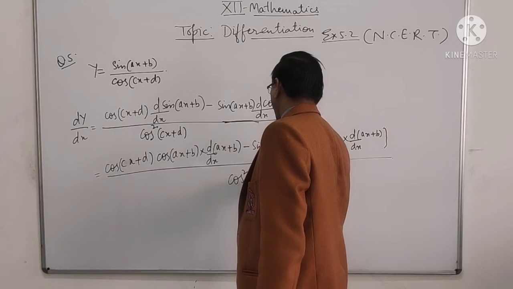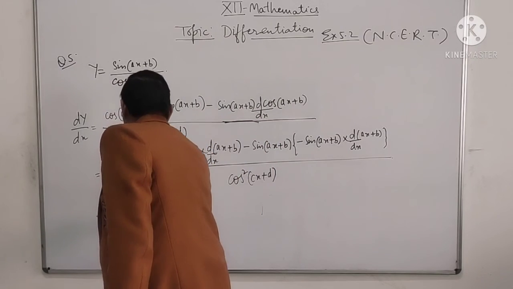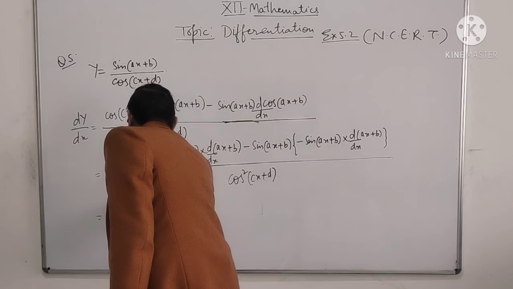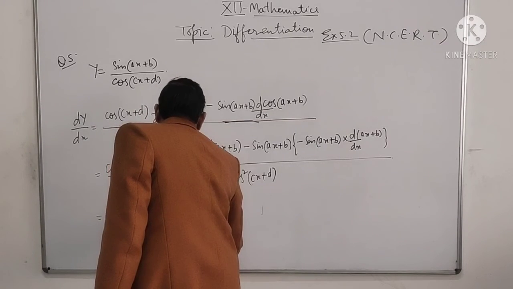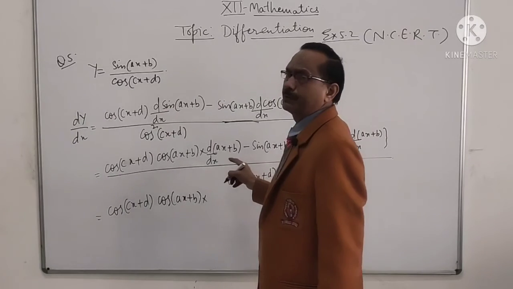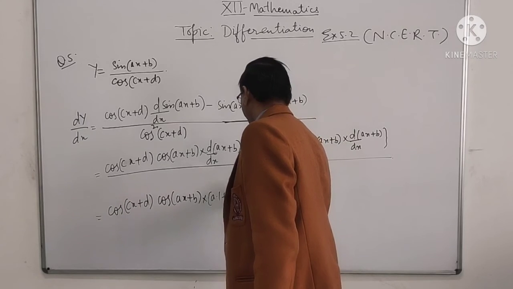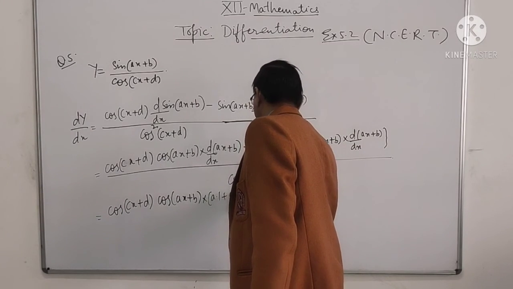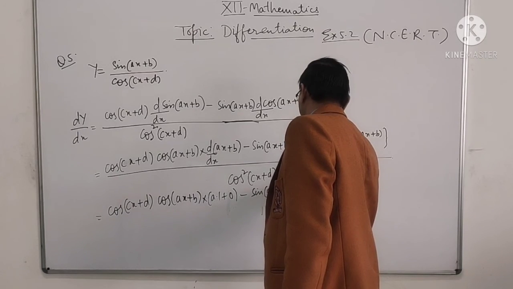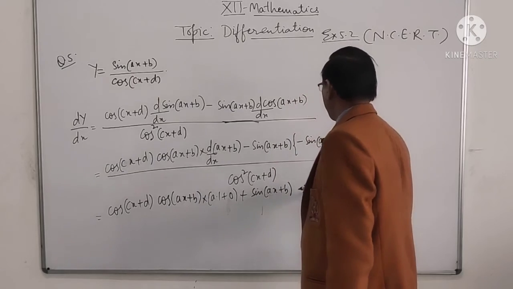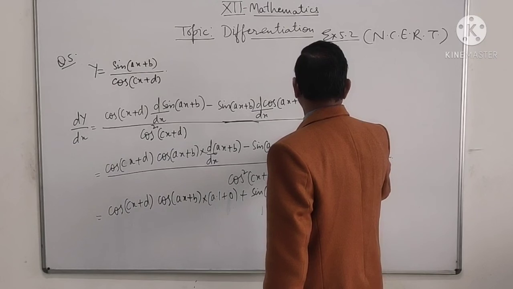So it is cos square (cx plus d). Then it is cos(cx plus d) into cos(ax plus b), and the derivative of ax plus b is a, which is a times 1 plus b times 0, minus sin(ax plus b), this minus minus is plus, this (cx plus d).